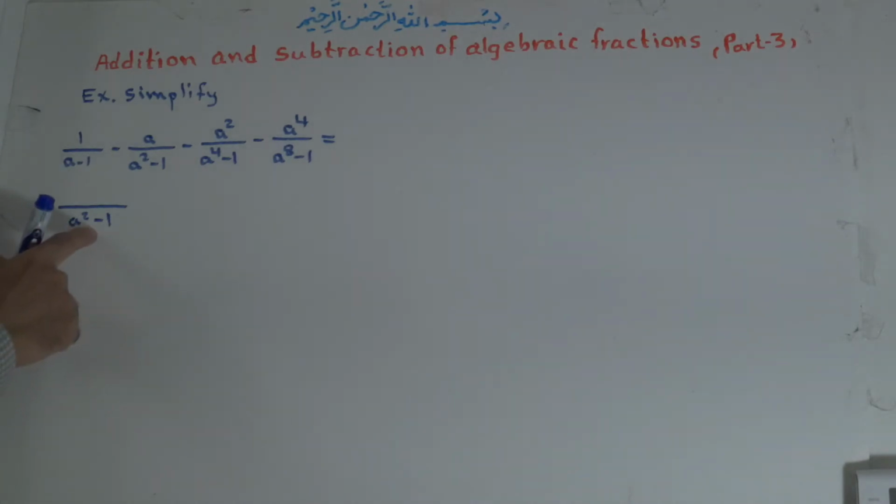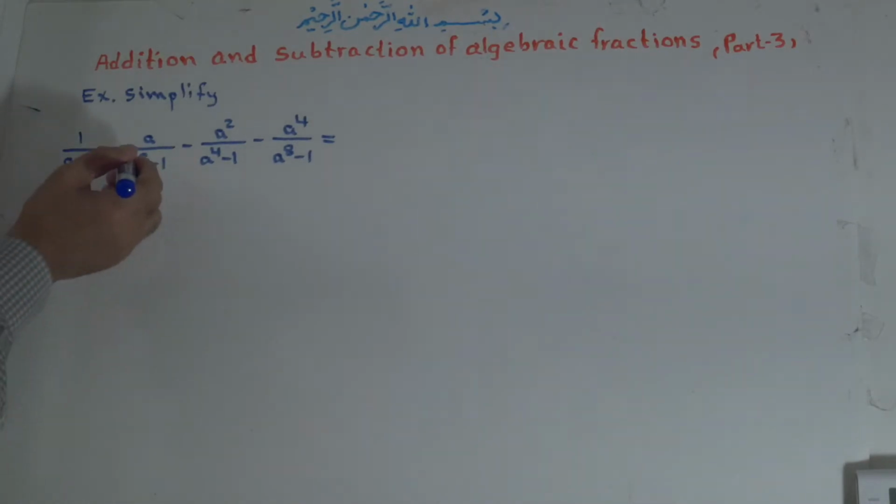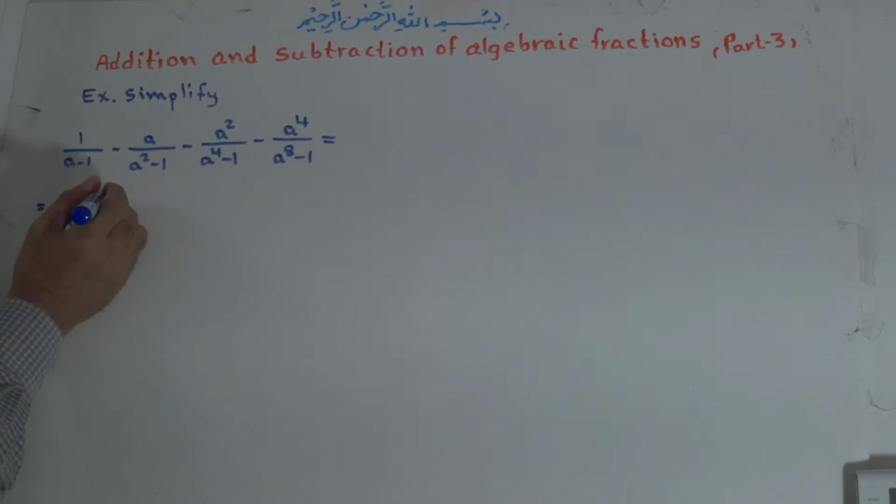So now a to the power of 2 minus 1 divided by a minus 1 becomes a plus 1. A plus 1 times 1 is a plus 1. A to the power of 2 minus 1 divided by a to the power of 2 minus 1 is equal to 1. 1 times a is minus a.